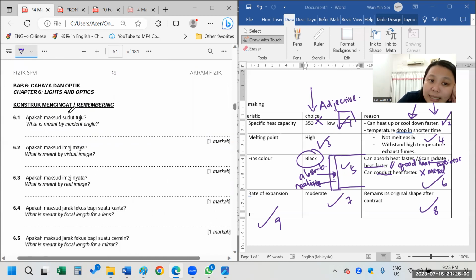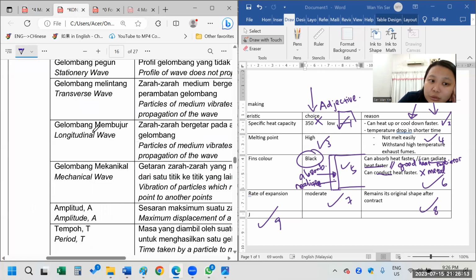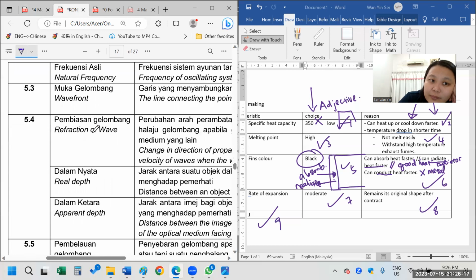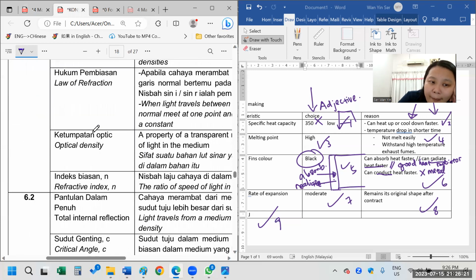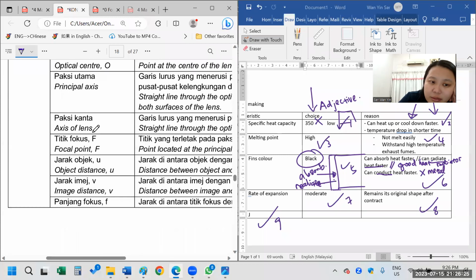Okay, so now the light and optics. Okay, incident angle, virtual image. This one very common to us. What is a virtual image? Virtual image means, doesn't mention, I think.